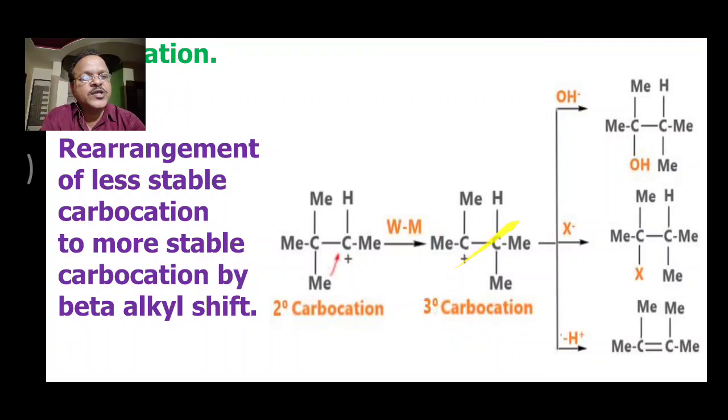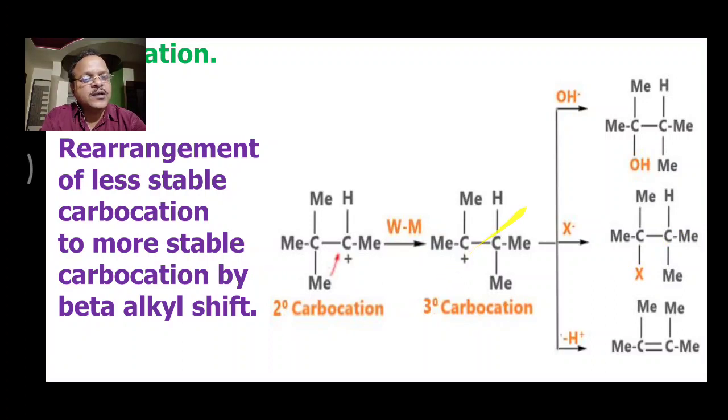Now this tertiary carbocation on reaction with various reagents, for example OH minus, forms this alcohol. OH minus forms a bond with this positively charged carbon. As a result we get this alcohol. This tertiary carbocation on reaction with halide forms this halogen compound.